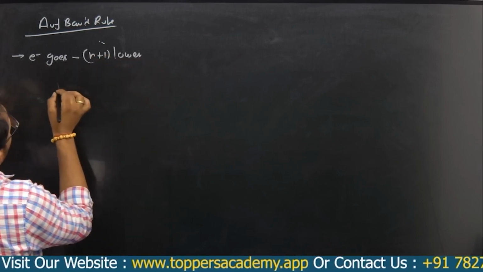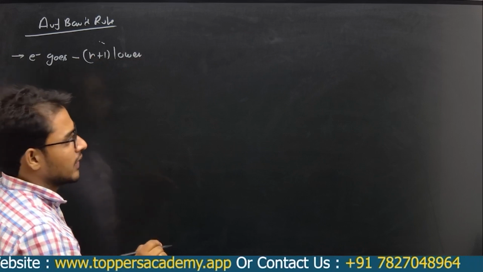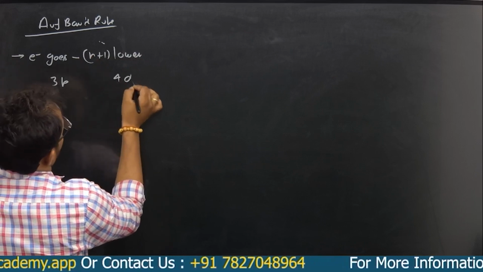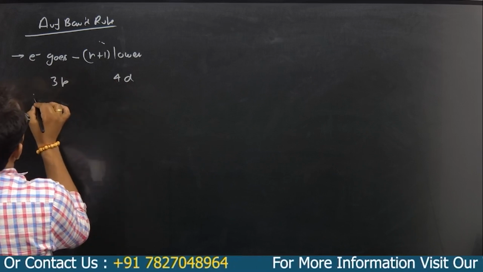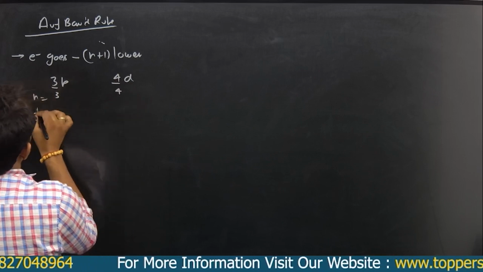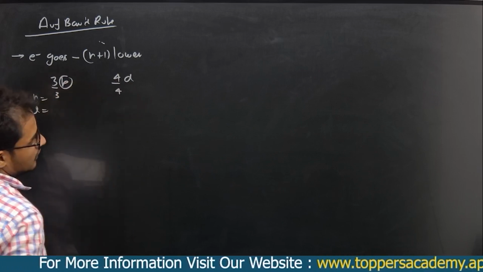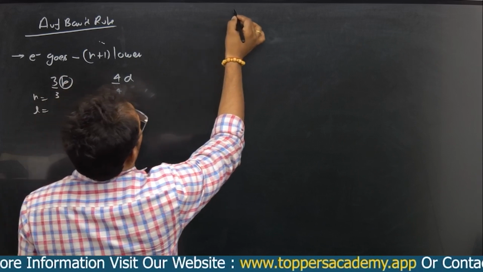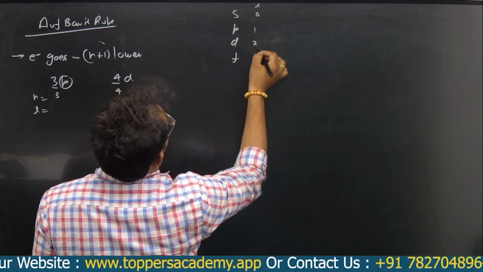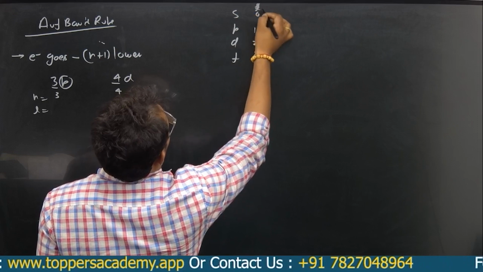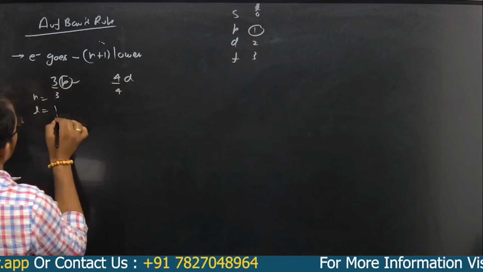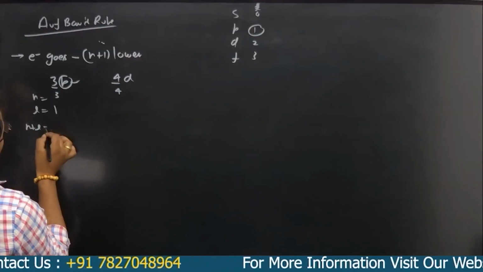For example, we have two types of orbital here, 3p and 4d. The value of n will be 3 and 4. How do we calculate the value of L? s, p, d, f are 0, 1, 2, 3. These are the values of L. So for p, the value of L is 1, so n plus L is equal to 3 plus 1, which is 4.